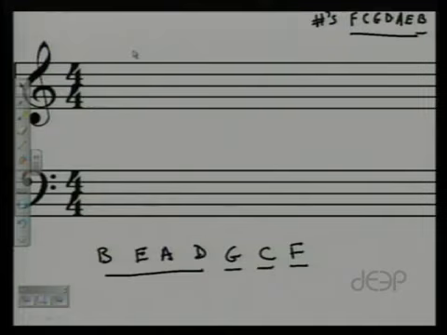So if you see one flat in a key signature, that flat is always B flat.